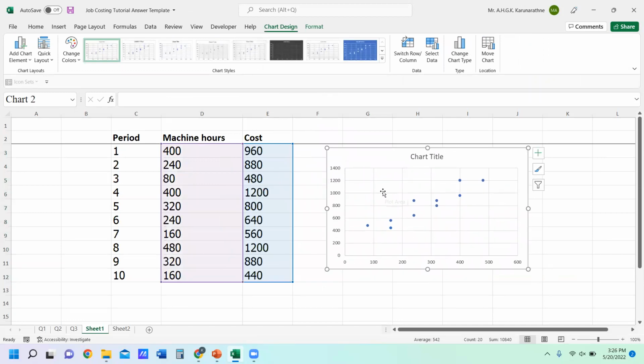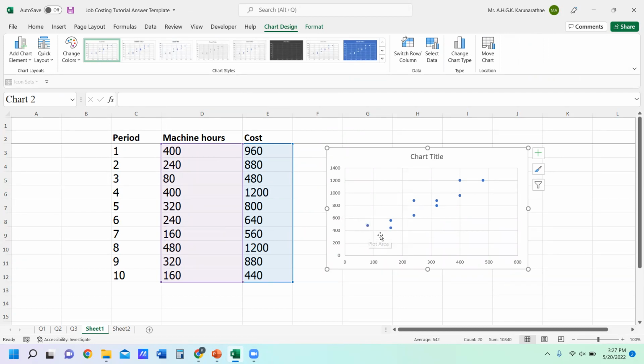Then you can see it has nicely plotted all the observations. You can now see there is a relationship, based on our past observations, between the machine hours operated and the resulting maintenance cost.